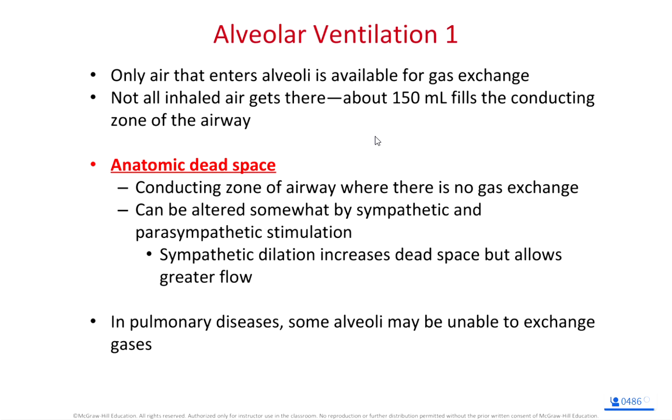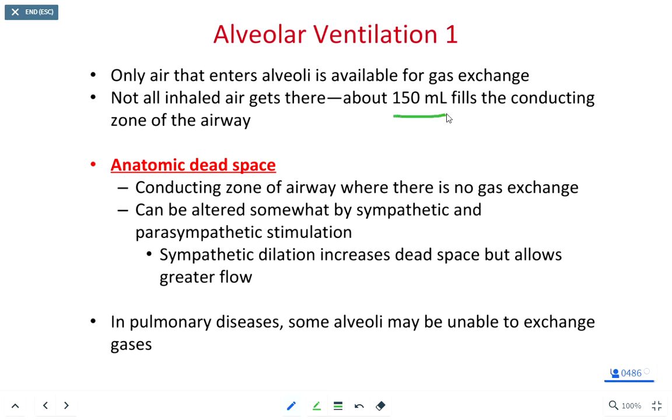And we have leftover air in the conducting zones of our respiratory tract. This leftover air in a typical person is not available to get into the bloodstream because this area can't have gas exchange. We refer to it as anatomic dead space, or anatomical dead space.